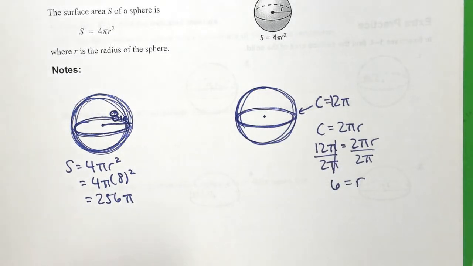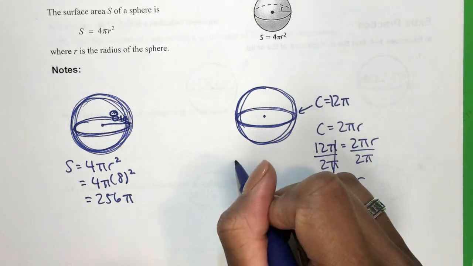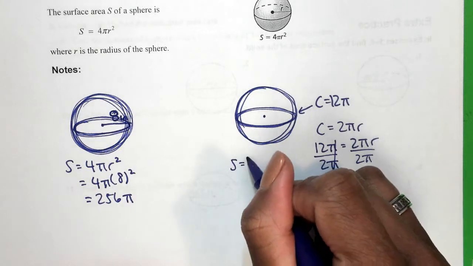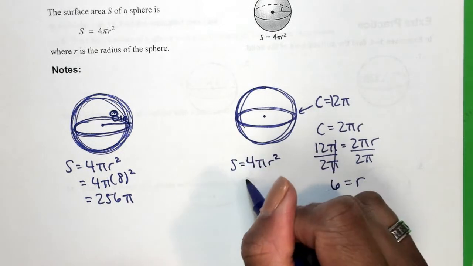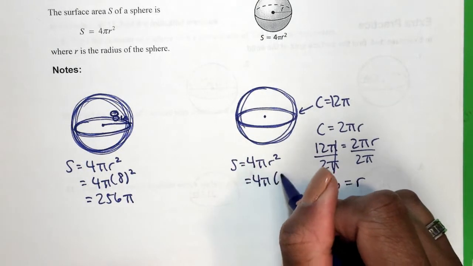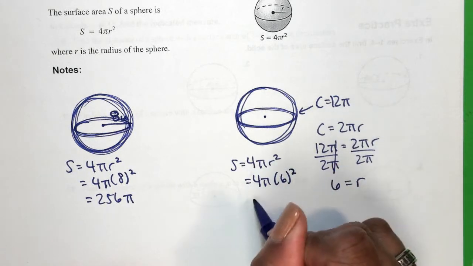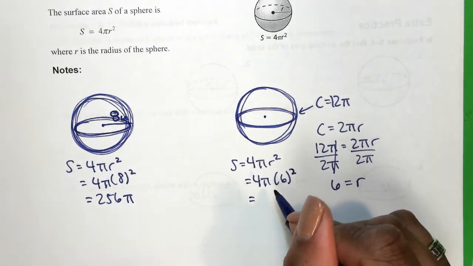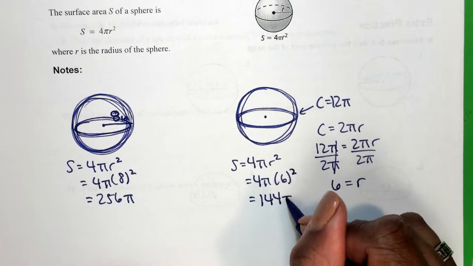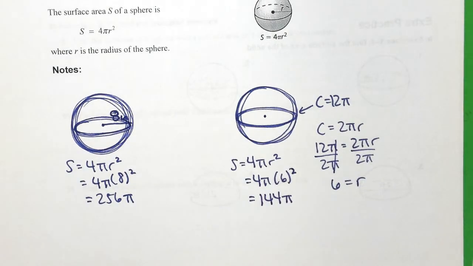Now I can plug this back into my formula for surface area. 4 pi r squared, and r we found to be 6. We have 6 squared, which is 36, times 4 gives us 144 pi. So that is a way of finding the surface area given the circumference.